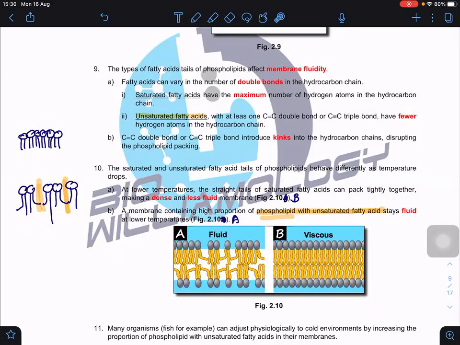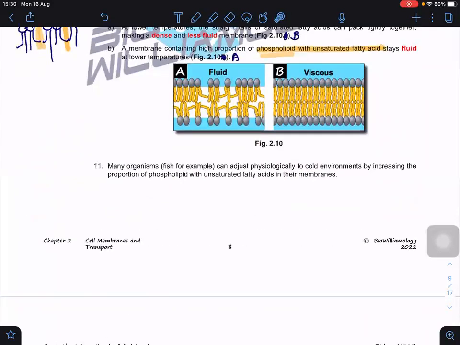So many organisms, for example fish, can adjust physiologically to a cold environment by increasing the proportion of phospholipid with unsaturated fatty acid in their membrane. If it is a higher temperature, not very, very high, the membrane is not so viscous, because higher temperature means higher kinetic energy, so they can still vibrate.